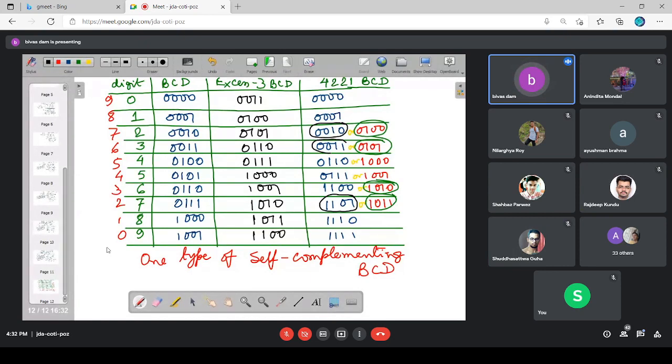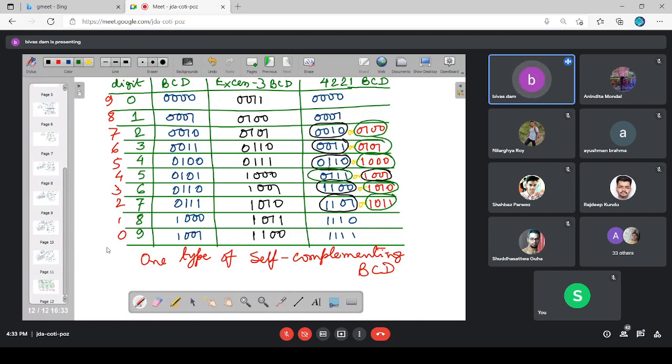Whereas if I go for this pattern, I should go for this for 6 to make that pair self-complementing again. Similarly for 4, if I go for this, I'll go for this for 5.